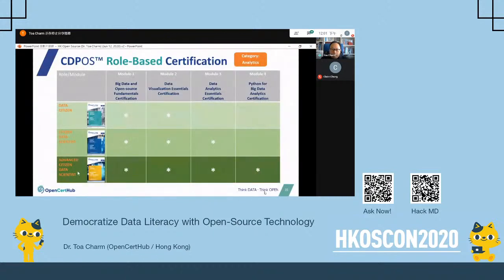So for each one of them, right, each role, you need to take some modules differently. So the basic one is you can become a data citizen after you take the first modules. I mean, take those 2 examinations, right? And then you will get the role of data citizen. Similarly, if you want to be an advanced citizen data scientist, then you need to take those 4 papers.